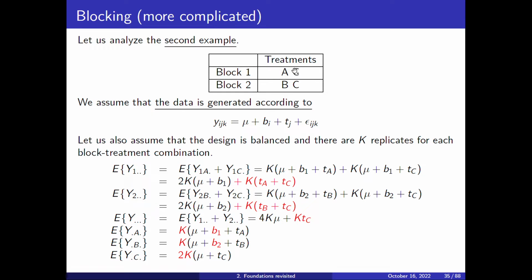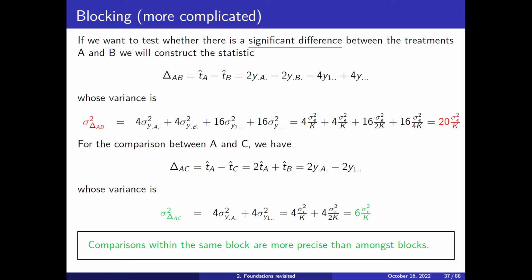A and C, that is a pair, appear once, but A and B, that is another pair, doesn't appear anytime. And also it is not balanced because C appears twice while A and B appear only once. So if it is a balanced design, then we will not have this problem of different comparisons having different accuracies.